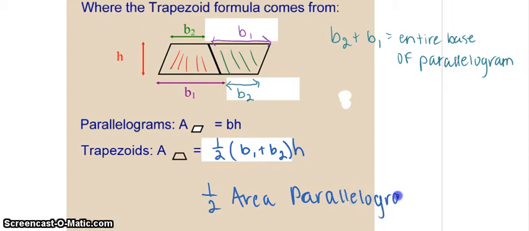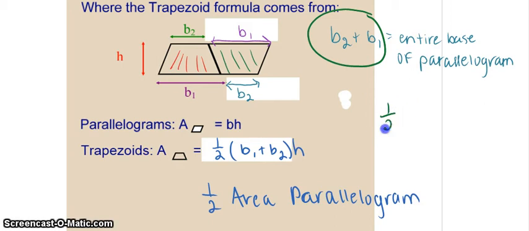But since the two bases in our trapezoid are not congruent, we can't just say 1/2 base times height because the bases are not the same. So what we're going to do is say 1/2 the sum of those two lengths, because we have figured out that base 2 plus base 1 is the entire base of a parallelogram.